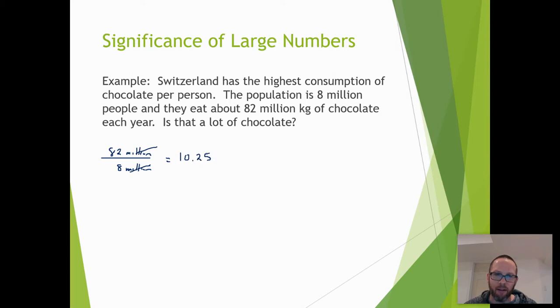So 82 million kilograms per 8 million people is 10.25 kilograms per person in a year, right? That's just in 1 year. So if you can visualize 10 kilograms, that's about 20 pounds, 22 pounds.